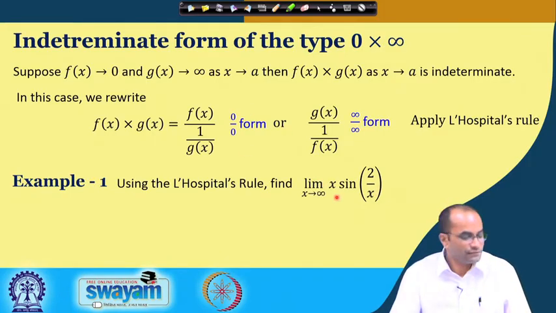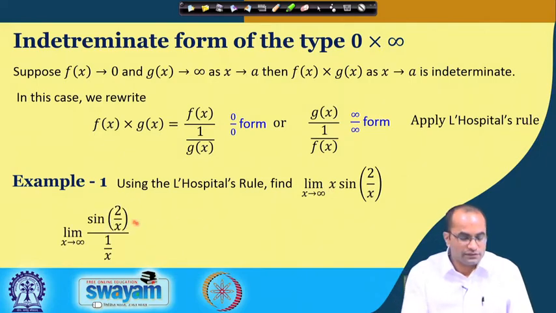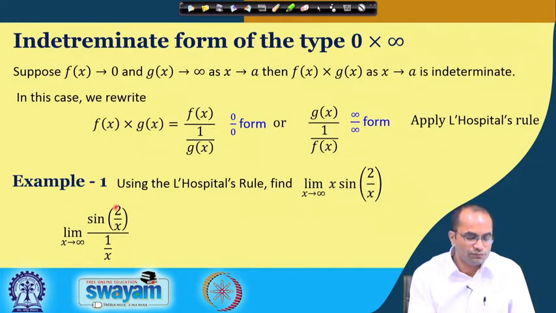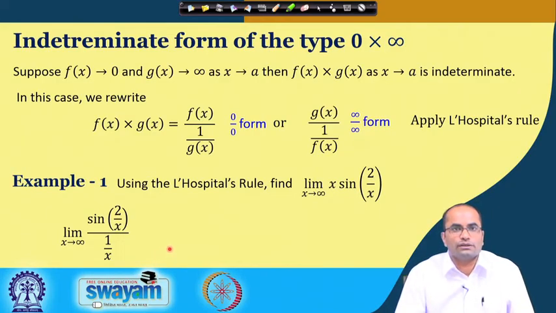So, we can bring this x to the denominator as 1 over x, and then we have sin 2 over x. In this case we have the 0 by 0 form, since sin 2 over x goes to 0 and 1 over x also goes to 0. Now we can apply the L'Hopital rule.